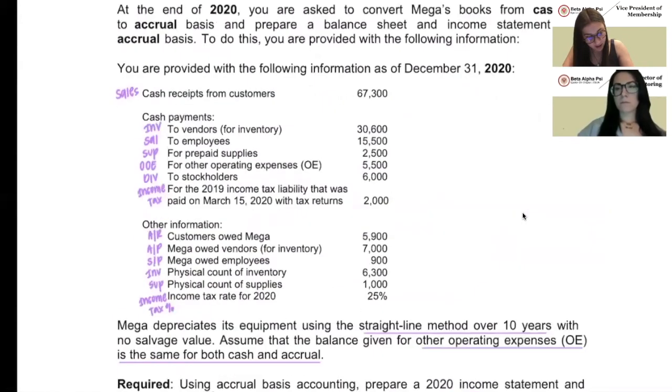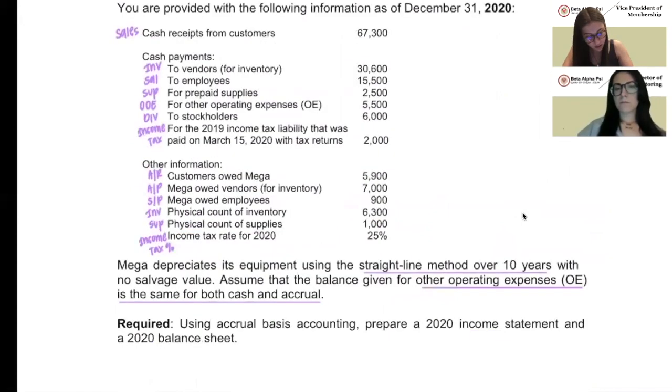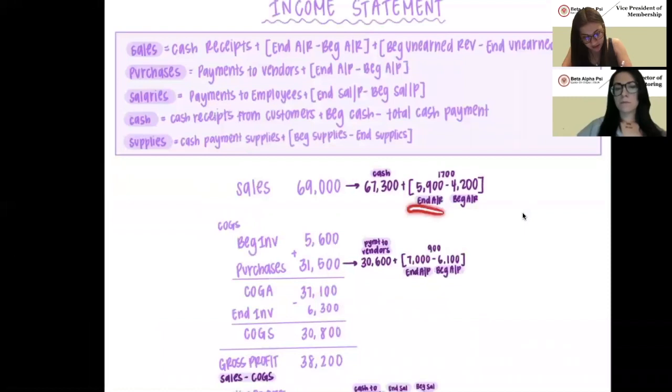And our ending AR, which we labeled here, is what customers owe to Mega, which is 5,900. So ending AR minus our beginning AR, our 5,900 minus our 4,200 is 1,700, which we're going to add to our cash receipts. So our sales for the year on an accrual basis is going to be 69,000.